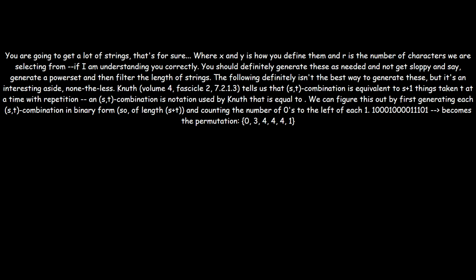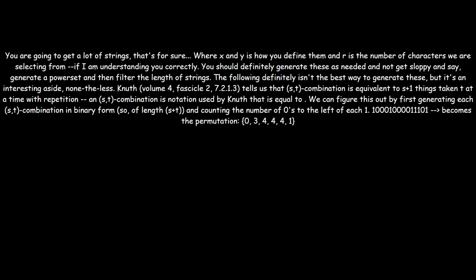Nonetheless, Knuth, Volume 4, Fascicle 2, section 7.2.1.3, tells us that the s,t-combination is equivalent to s+1 things taken t at a time with repetition, where the s,t-combination is notation used by Knuth.